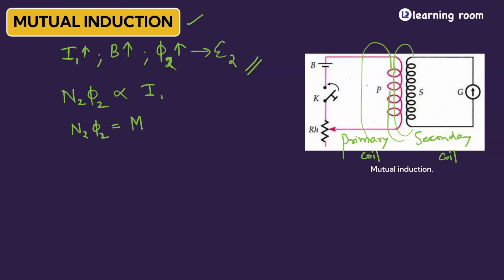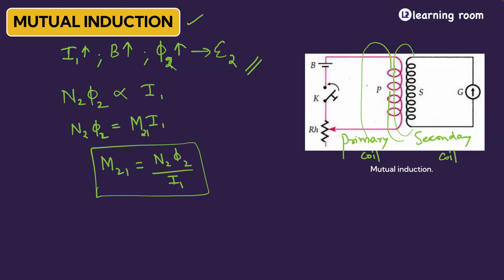So I can write it as M into I1, but you'll write it as M21, the mutual inductance of the second coil due to the current flowing in the first coil. So M21 will be equal to N2φ2 divided by I1. Makes sense?